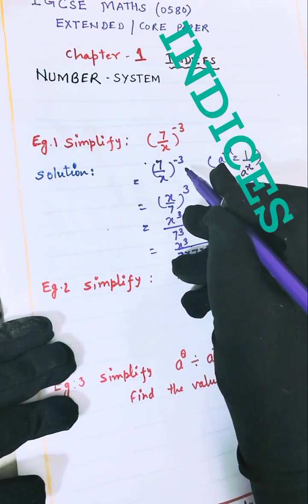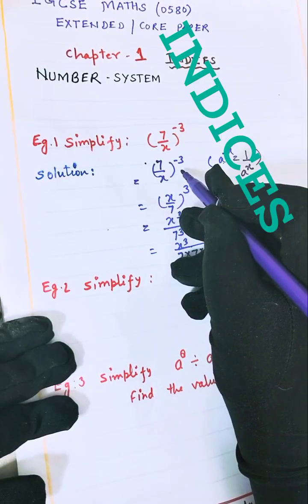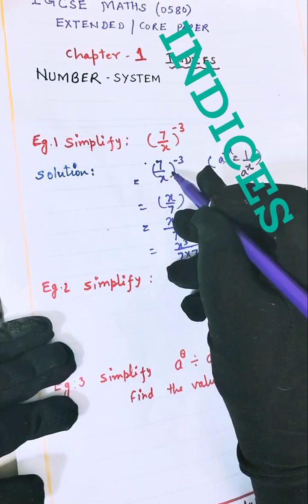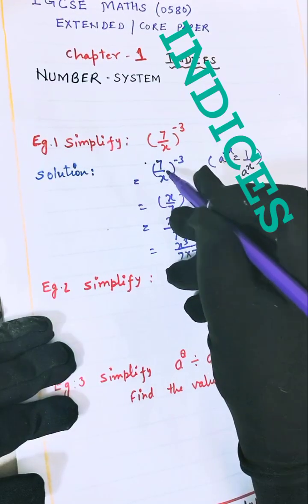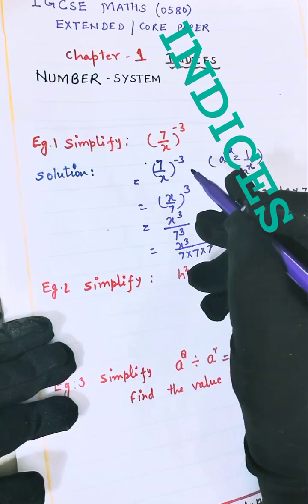Whenever the power is negative, we reciprocate the base: the numerator goes in the denominator, and the denominator goes in the numerator.